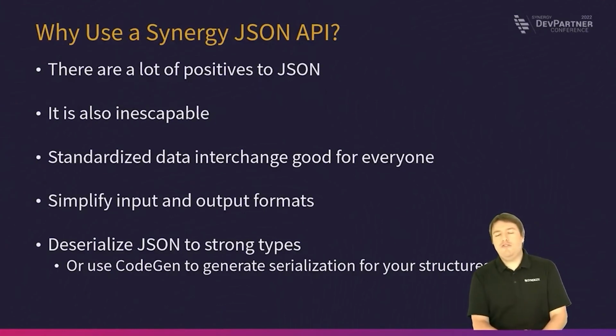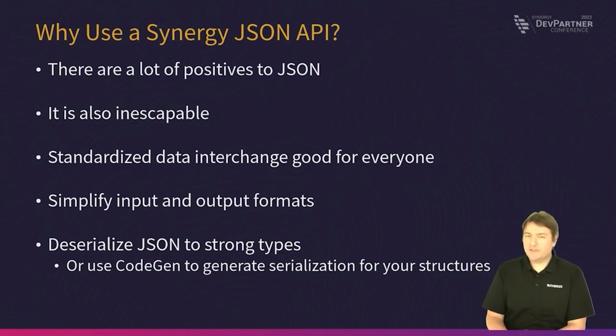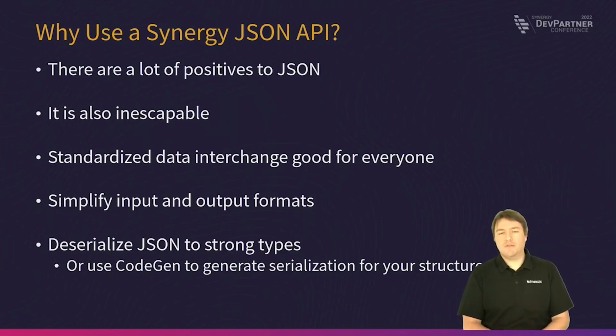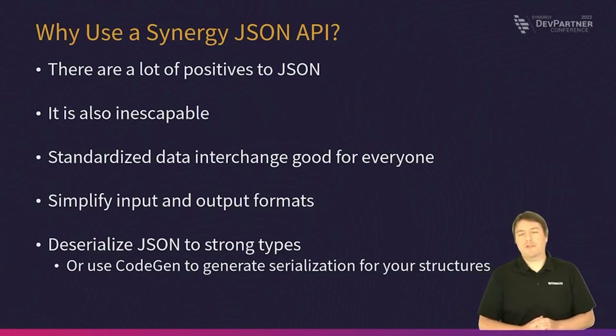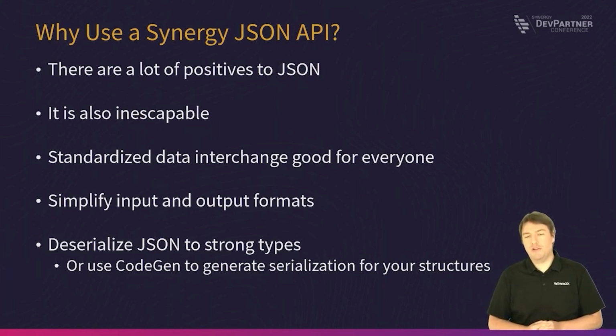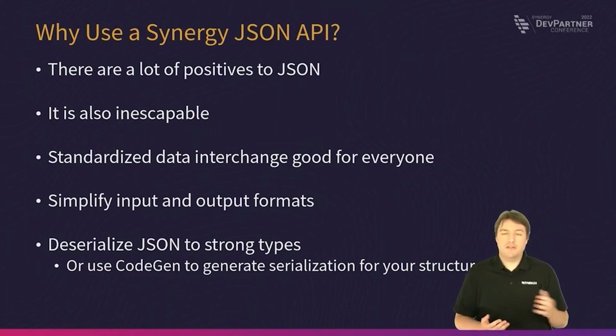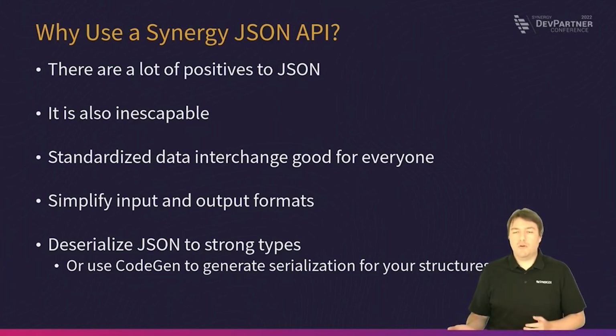So why use the Synergy JSON API? As we've discussed, there are a lot of positives to JSON, but it's also pretty much inescapable. Chances are good that most of you have some piece of code, web service, or other part of your source base that's already interacting with JSON. The JSON API in Synergy opens up additional doors for using JSON in more parts of your systems.